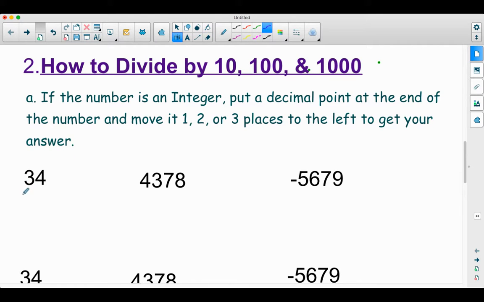Okay, so 34 divided by 10. What we are going to do is move the decimal place 1 to the left. So that will give us 3.4.